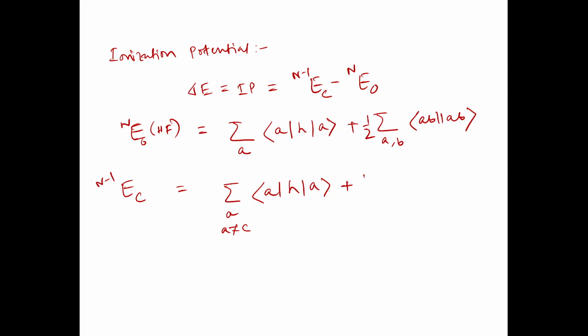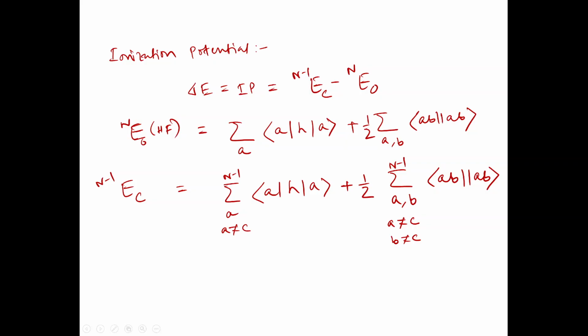Now again you have this half, AB. Again, this will go from 1 to n minus 1. Again, A will not be equal to C, and B will also not be equal to C. Now you take the difference.